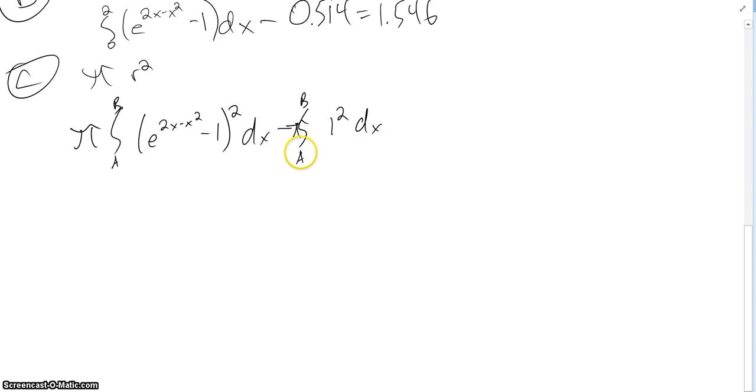I'll explain all this to you in a second when I copy in the graph, but it all makes sense when you think.